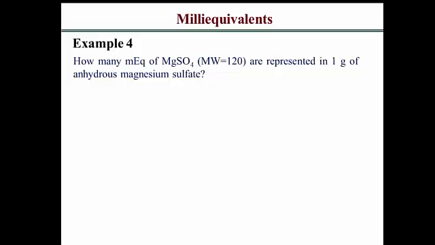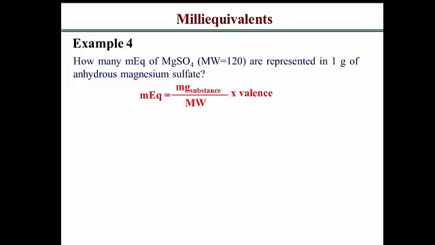So first example, it says how many milliequivalents of magnesium sulfate, molecular weight 120, are represented in 1 gram of anhydrous magnesium sulfate. So this is a really straightforward example on how to work this equation.